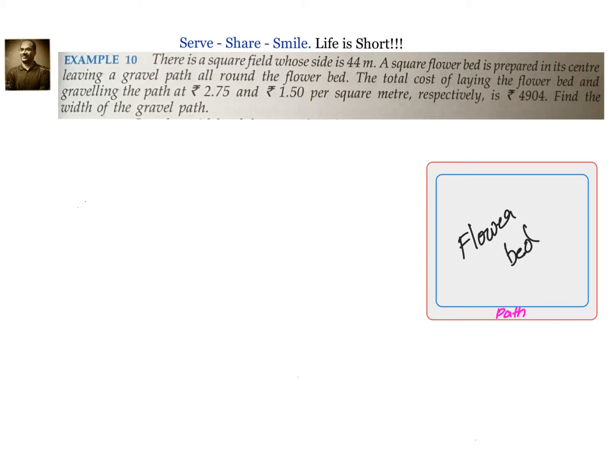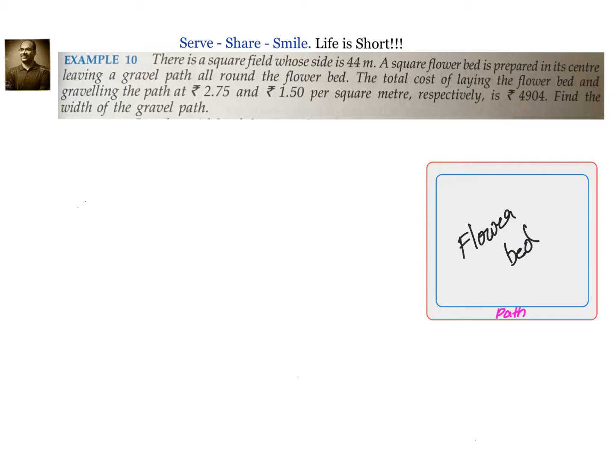Let us look at this problem related to 10th grade quadratic equations. There is a square field of side 44 meter. A square flower bed is prepared in its center, leaving a gravel path all round the flower bed.